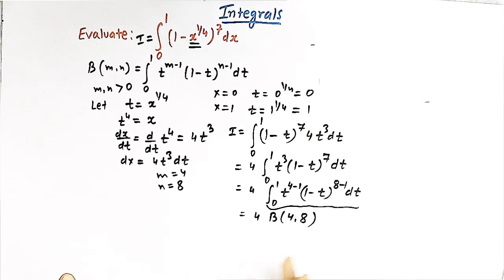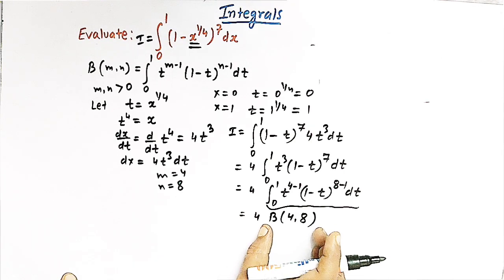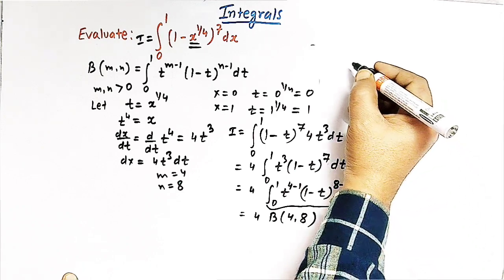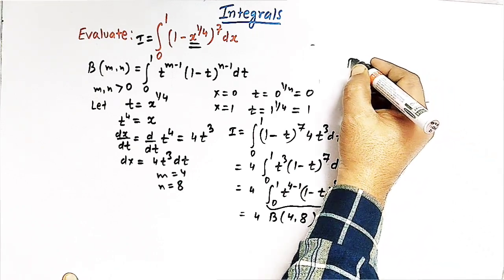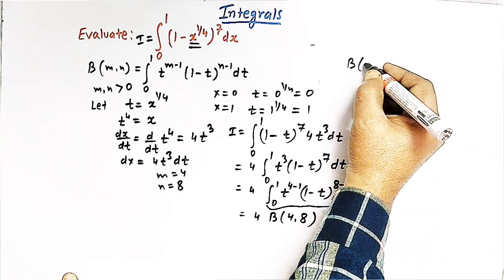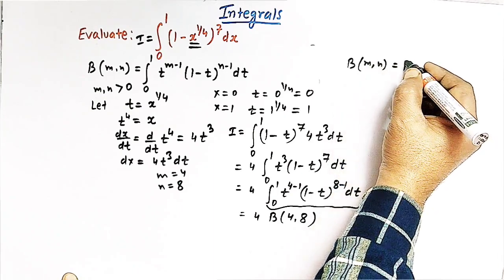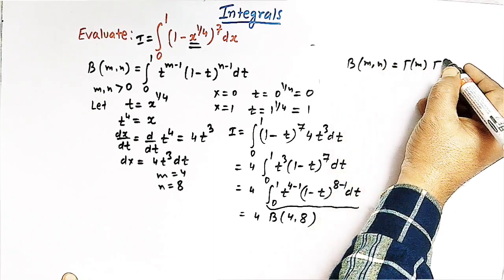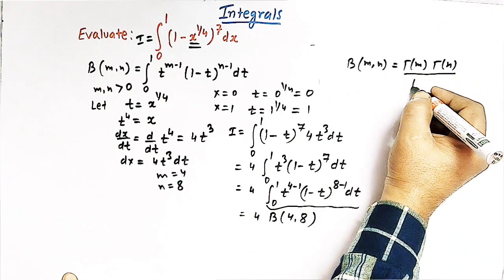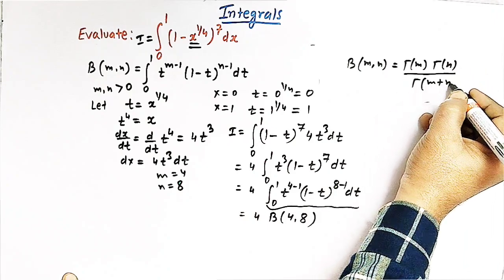Now let us find the value of B(4, 8) by using this important result, that B(m, n) is given by gamma m times gamma n divided by gamma of m plus n.